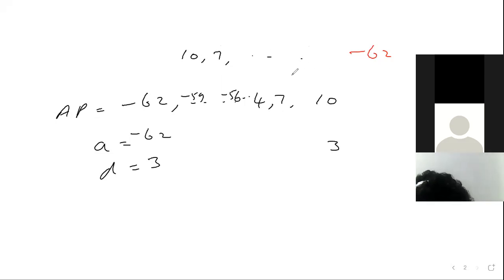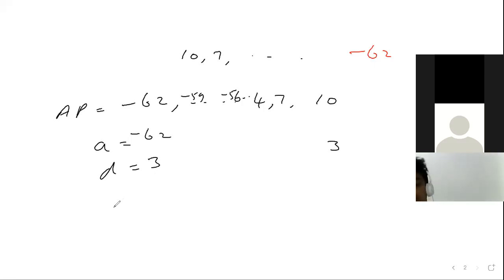So from here you are coming in reverse, 11th term from the last. What I did: what was last I wrote first, minus 62. Then the last term is 10 here, going like 4, 7, 10. Now it is normal.